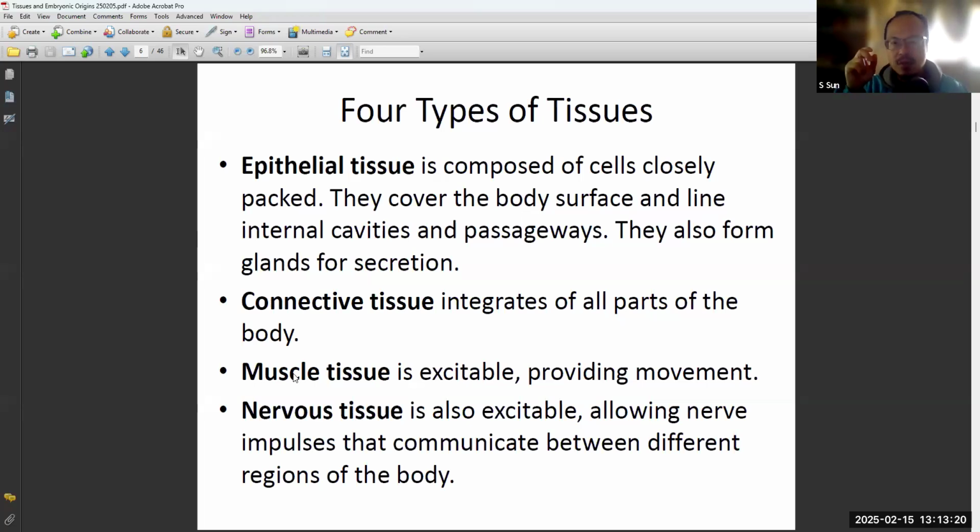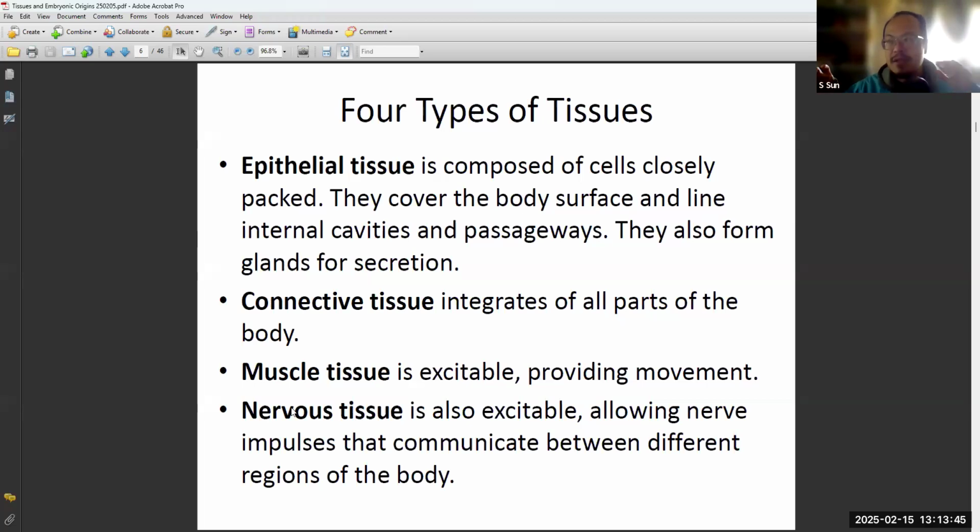Smooth muscle forms the wall of our digestive system, such as the esophagus, stomach, and intestine. They will squeeze the food and provide movement. They also form in the blood vessels, so vessels can contract to squeeze the blood. So that's the muscle.